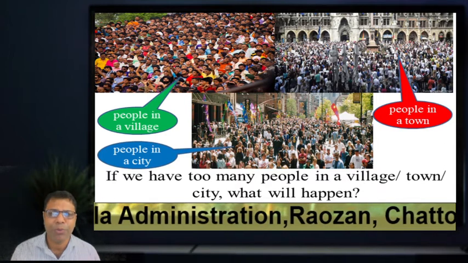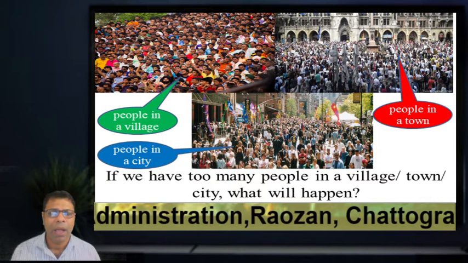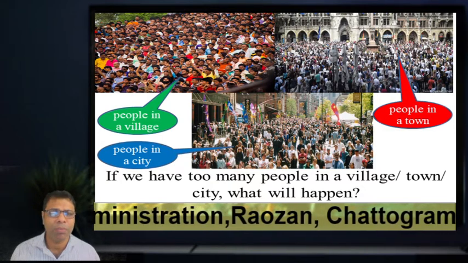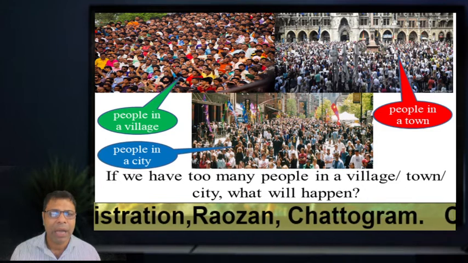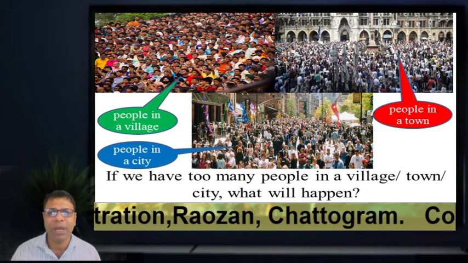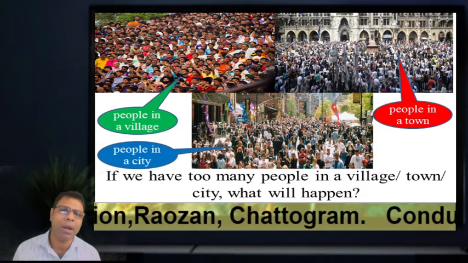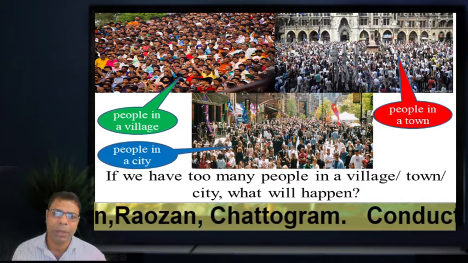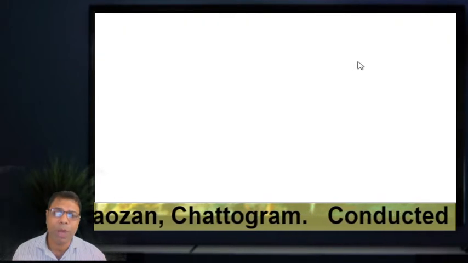If we have too many people in a village, town, or city, first a housing problem will arise. The cultivable lands will be grabbed for housing. The environment will become uncomfortable. Dear learners, this may occur. This problem we have to face.